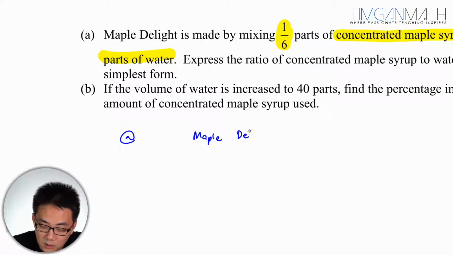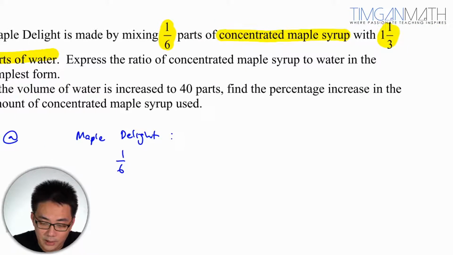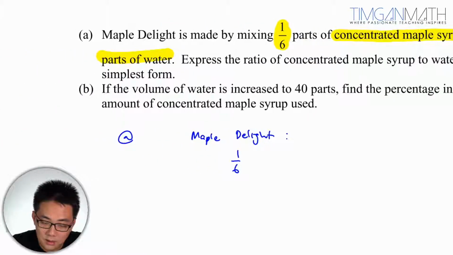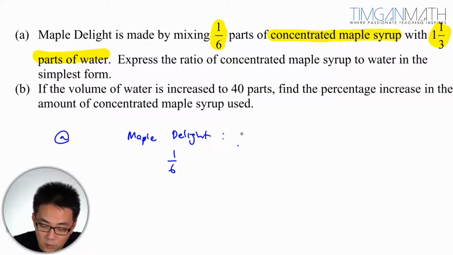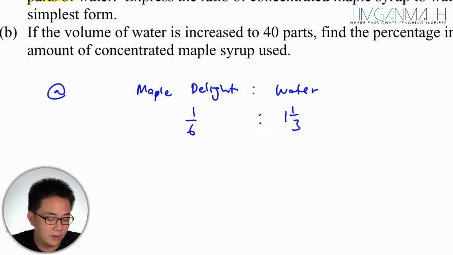Okay, so let's say this is 1/6 of a cup, and water here would be 1 1/3. 1 cup and a third plus another third of a cup.